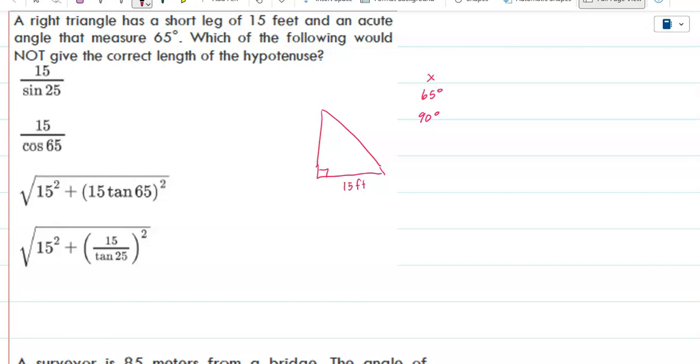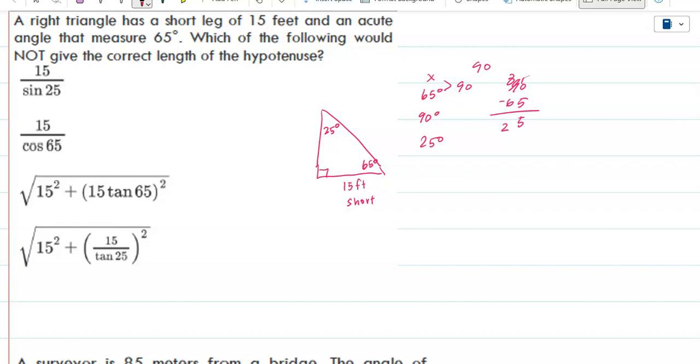Whatever the other angle is, they have to add up to be 90. So I could do 90 minus 65, because all the interior angles of a triangle sum to 180. So the other angle is 25. If we know that this is the short leg, then the angle across from it is going to be the 25 degrees, and then this is going to be 65.